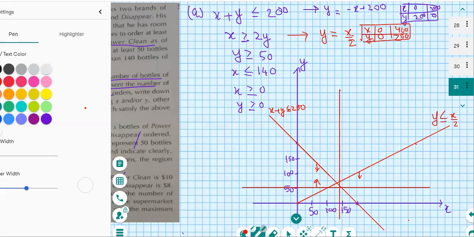Suppose this is 140. So this is x is less than or equal to 140. Then x is greater than or equal to 0 is this line, and y greater than or equal to 0 is this line. So we have drawn the 6 inequalities.